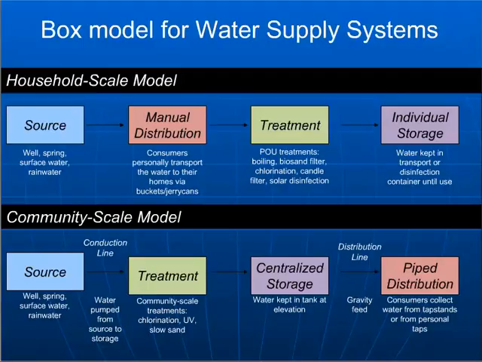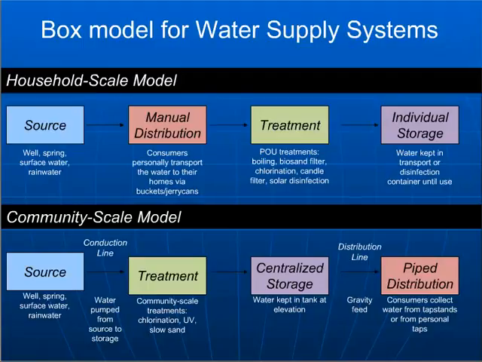I think it's also important to understand some fundamental differences or distinctions in the types of water supply systems that you're likely to encounter in an EWB project. We've broken it up into two basic categories, one being a household scale model, where the water is typically collected from the source by the user and then distributed manually.